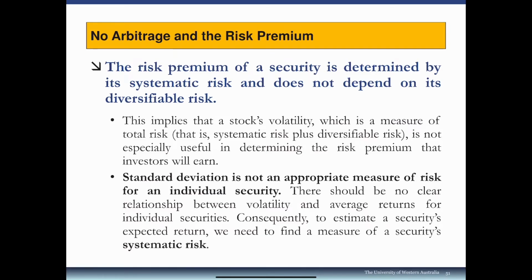This implies that a stock's volatility, which is the measure of total risk, is not especially useful in determining the risk premium that an investor will earn. So the standard deviation, the measure of total risk, is not an appropriate measure of risk for an individual security, and there should be no clear relationship between volatility and average returns for individual securities. Consequently, to estimate a security's expected return, we need to find a measure of a security's systematic risk.